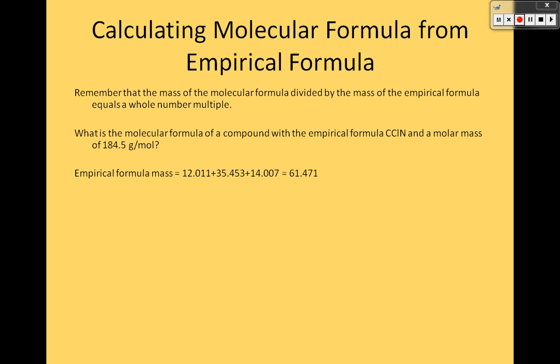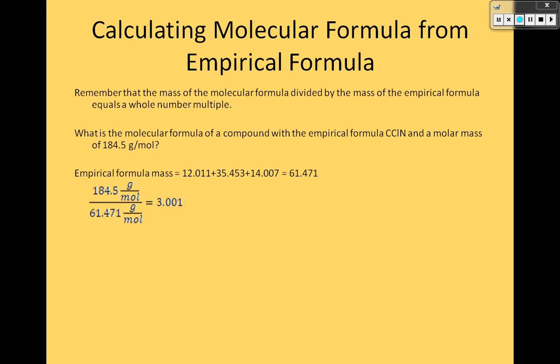So the empirical formula mass would be 12.011, that's the 1 carbon, 35.453, that's the 1 chlorine, 14.007, that's the 1 nitrogen, which equals 61.471. So then we get the 184.5 grams per mole, which was given to us, divided by 61.471 grams per mole, and that equals 3.001.